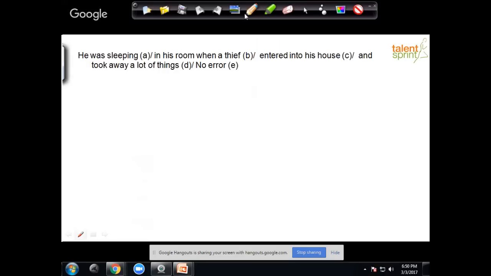C. What's wrong with C? Broke. Okay. Yes, that is correct, right? We just saw, right?